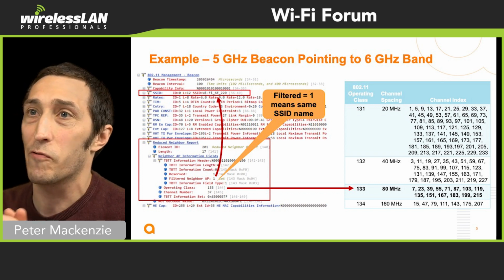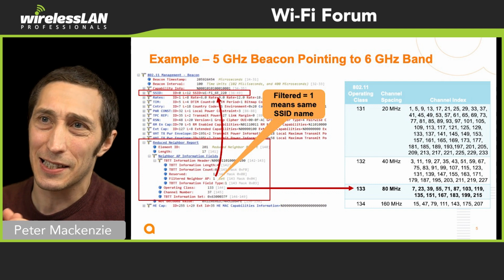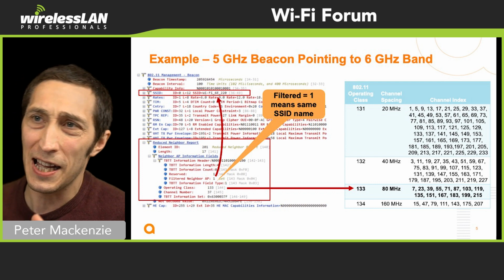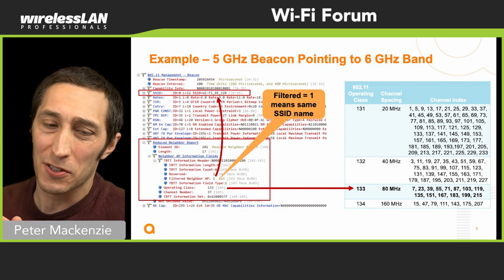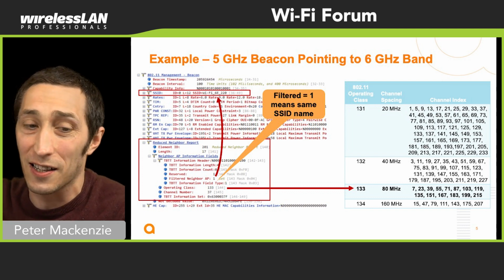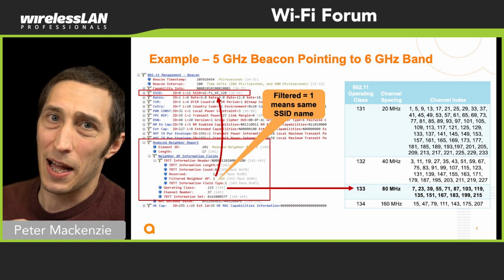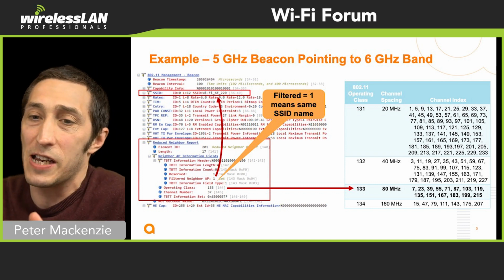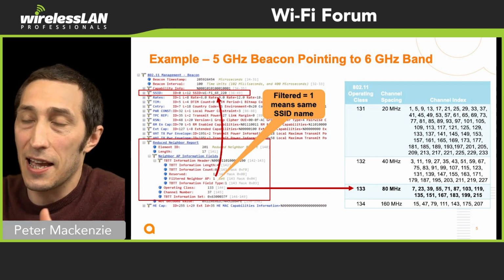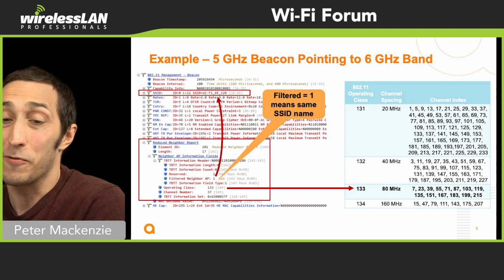So all the discovery has to happen in band. And the way this is potentially going to work is we've got these preferred scanning channels. So clients will only probe out on the preferred scanning channels. It's like every 4th channel across the 6 gigahertz band. And that will enable, when you're setting up your tethering AP, you will use one of those 20 meg channels as your primary channel so that the APs will answer on one of these every 4th channel. So you can just get through the band quicker.